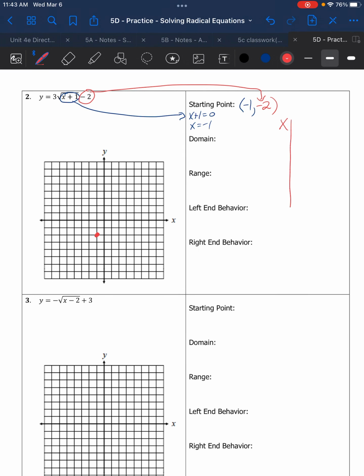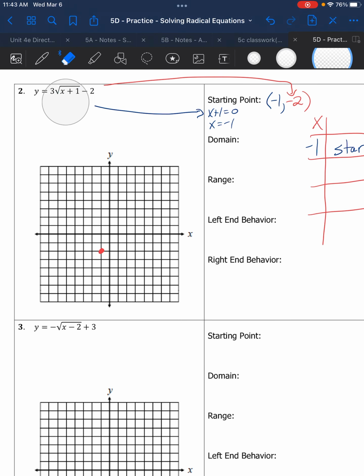Then I want 2 more coordinates. I have negative 1, negative 2 as my starting point. What I'm looking for is, in this square root, what number I can put in for x so that when I simplify the left side, it gives me a whole number, or integer.